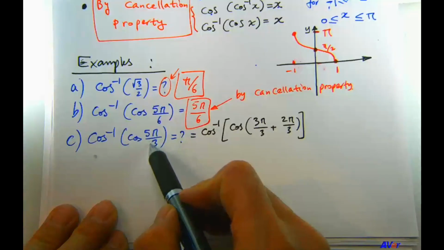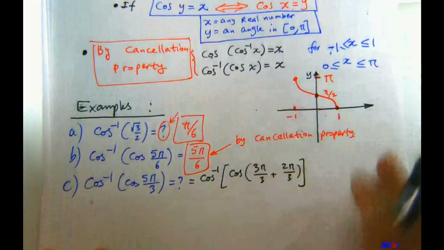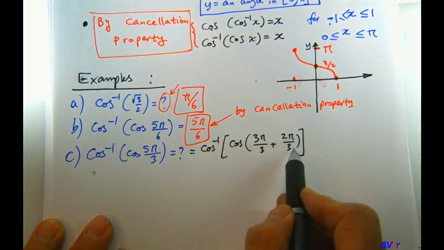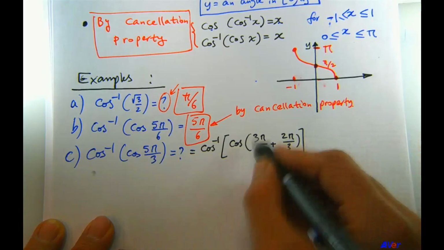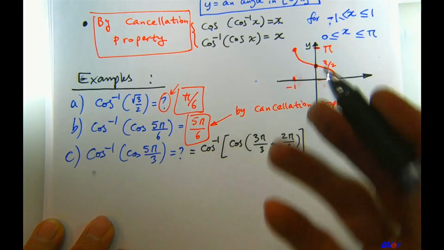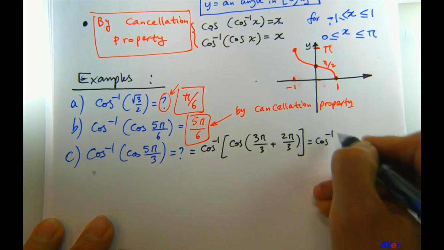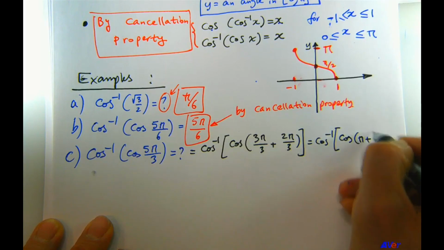We're finding the reference angle for this, a reference angle that is between 0 and pi. Okay, so 3 pi over 3 plus 2 pi over 3 is the same thing, right? 5 pi over 3. So 3 pi over 3 is pi, plus 2 pi over 3.